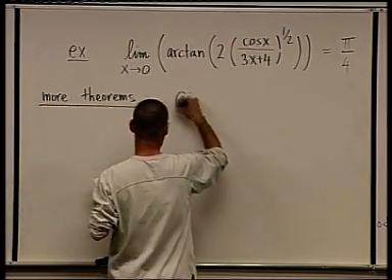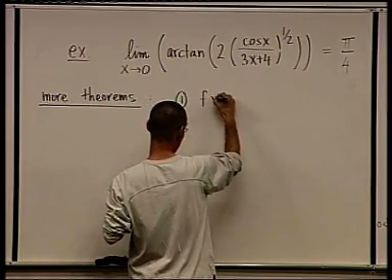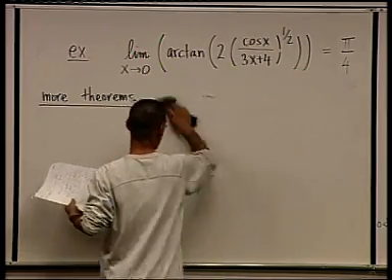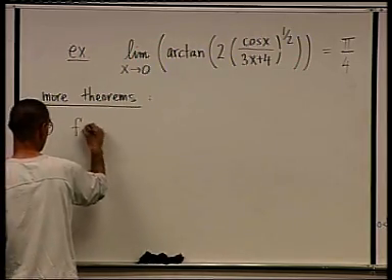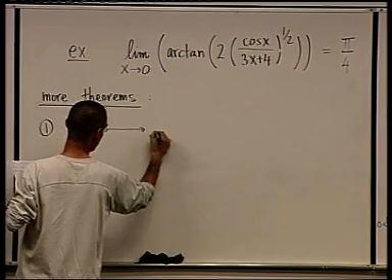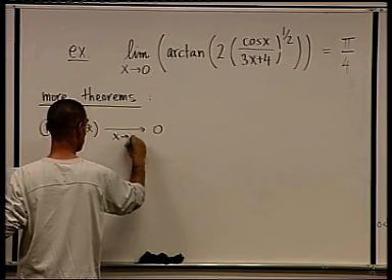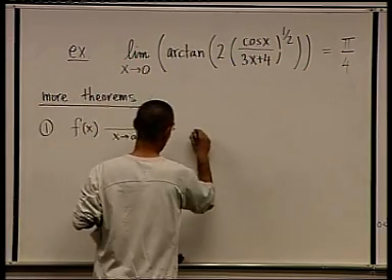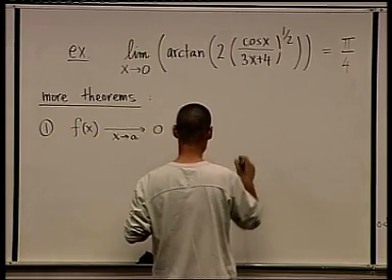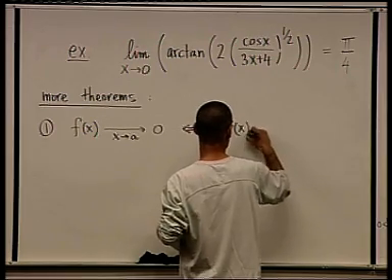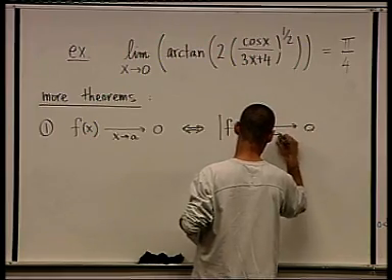One, if f of x, maybe I'll write it down here so we have a full line. So if f of x goes to 0 as x goes to a, then, or in this case it's even if and only if, f of x in absolute value goes to 0 as x goes to a.